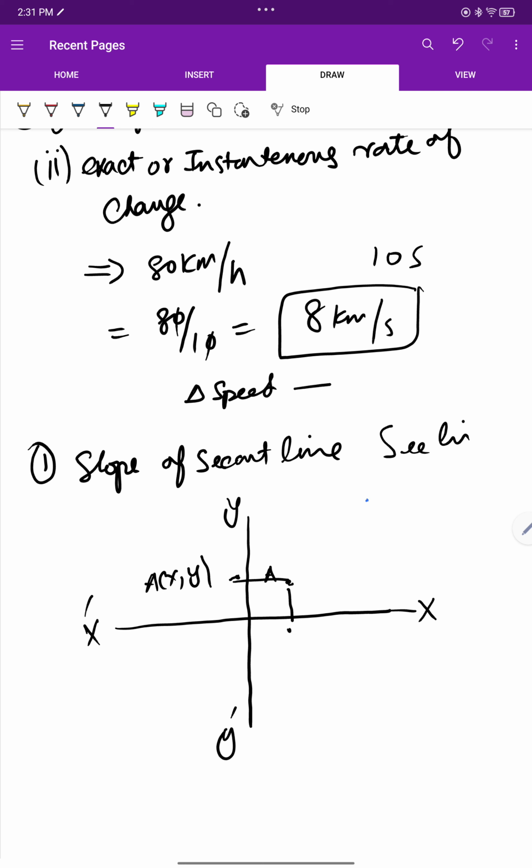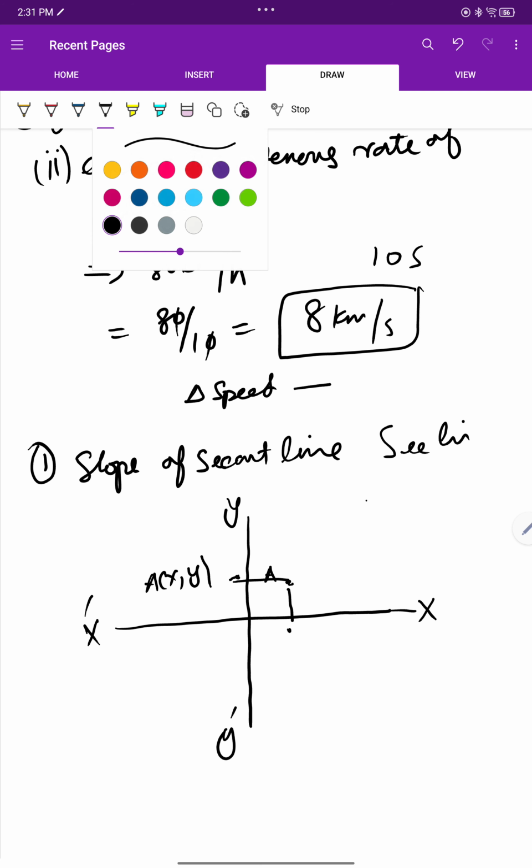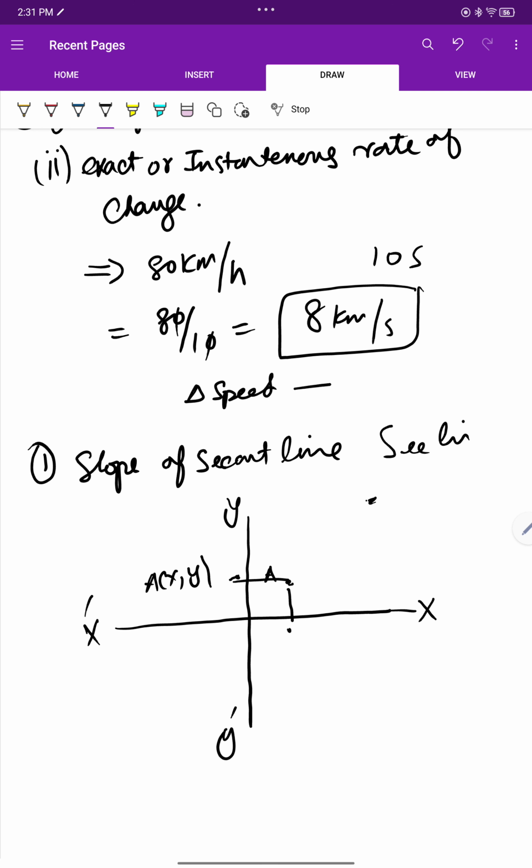And if there is another point B, and these are the 2 points, and this is the curve. So the secant line is in between the 2 points. This one.